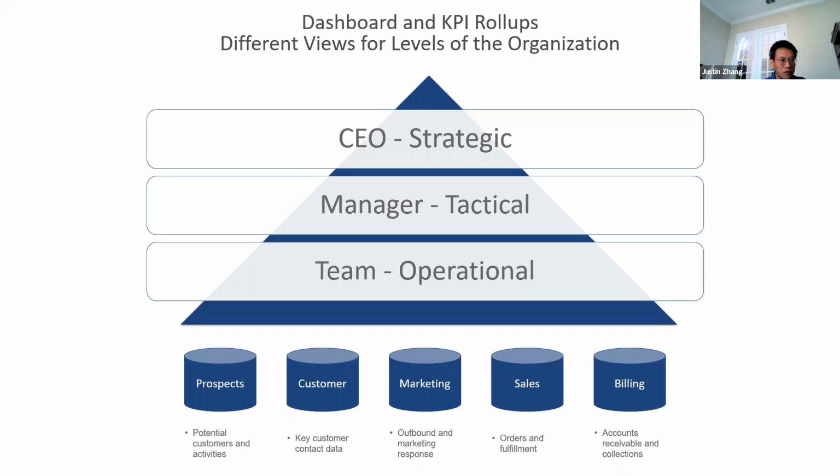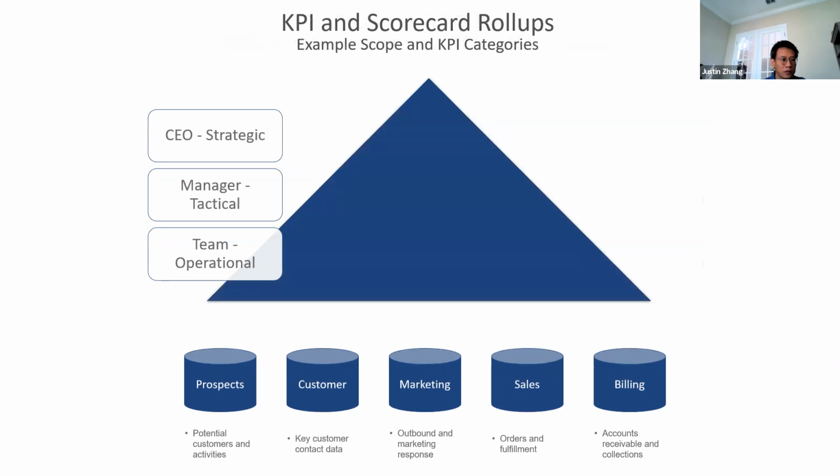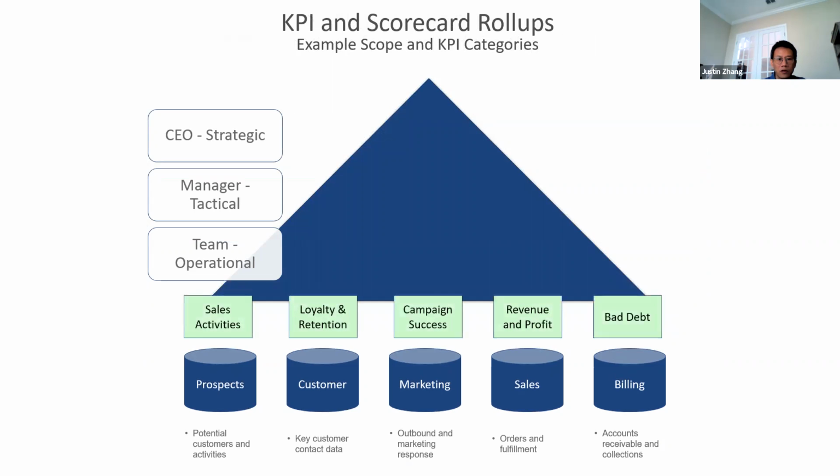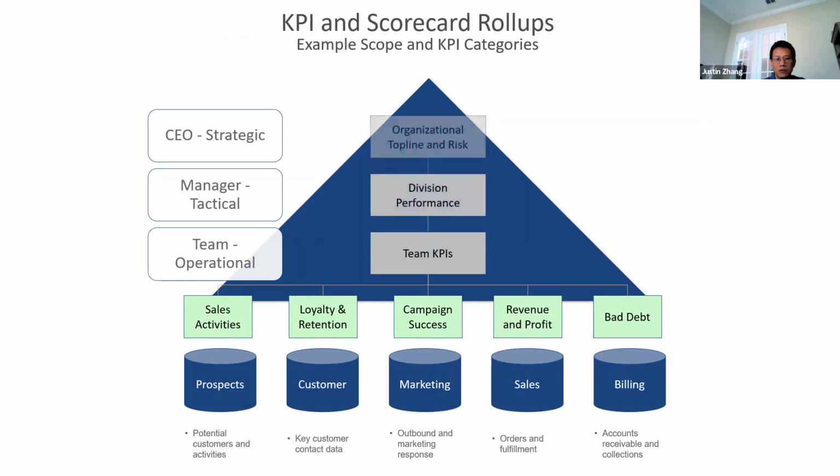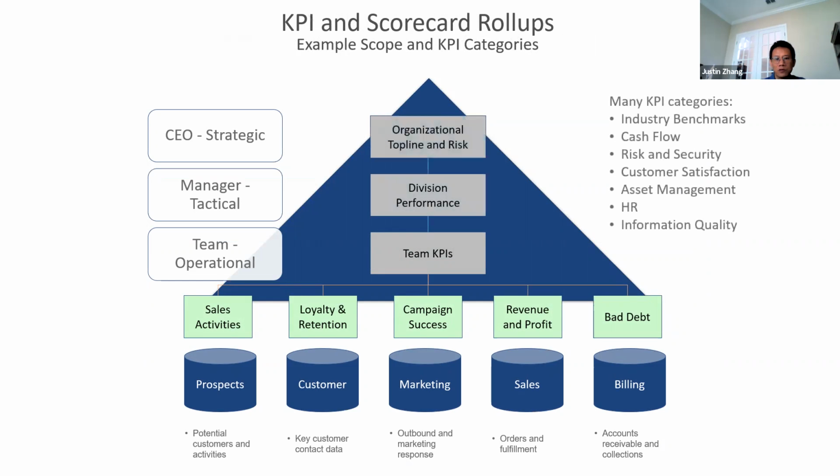So depending on different types of stakeholders or maybe users, your dashboard should also be designed in a different way. So for CEO, mid-level manager, or just a team level dashboard, you can see they should focus on different aspects of the organization. It can be highly strategic, it can be tactical, it can be operational, like the KPIs for daily activities.